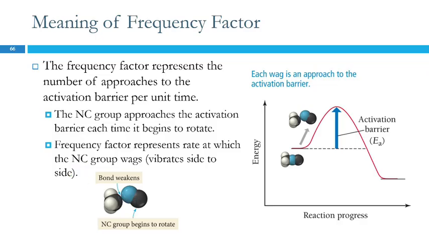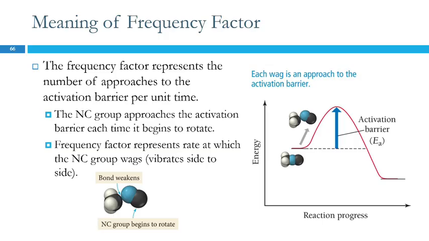You can think of this as like a dog wagging its tail, right? It starts to turn, didn't have enough energy, comes back. Well, how many times does it do that in a unit of time, say a second? The more times it does that, the higher the frequency factor. Each time it begins to rotate, it has a chance of going over if it has enough energy.